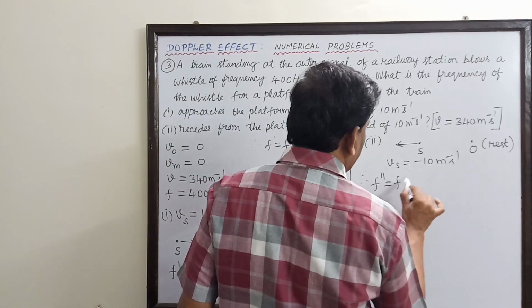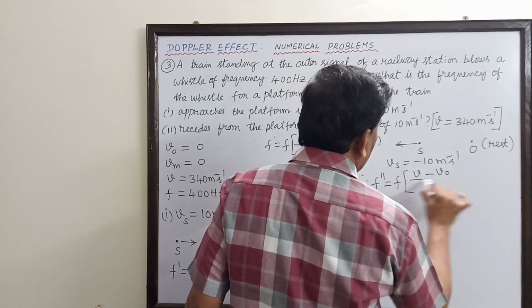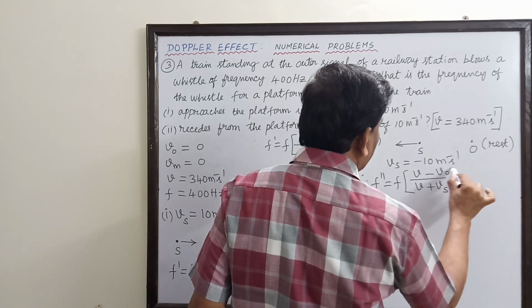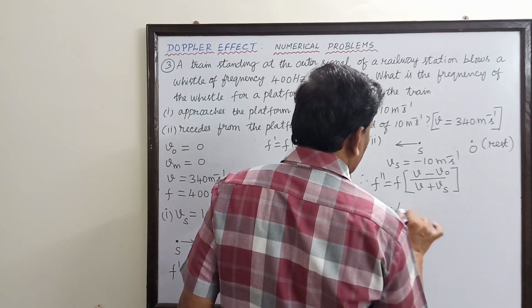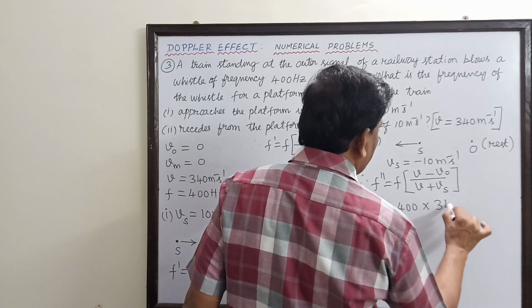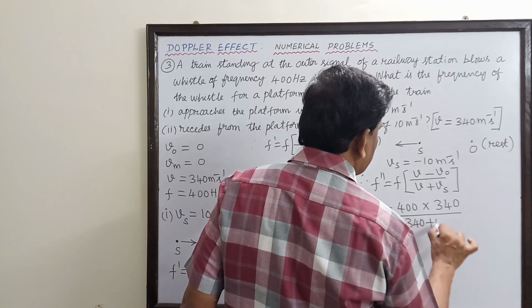So this is f multiplied by V minus Vo divided by V minus of minus Vs. So that this is equal to 400 into velocity of sound 340 divided by 340 plus 10.